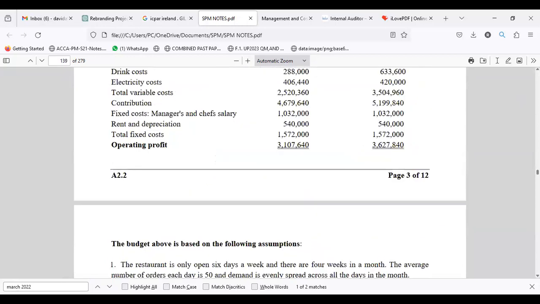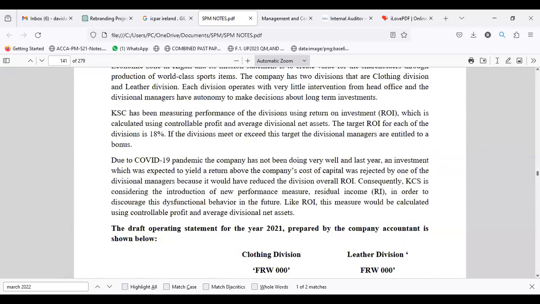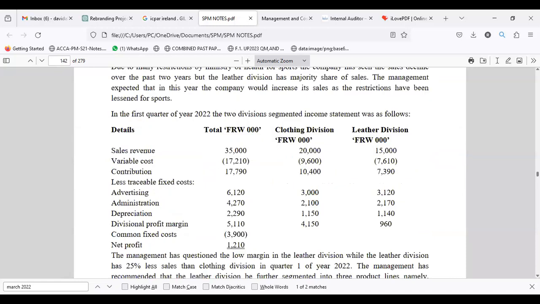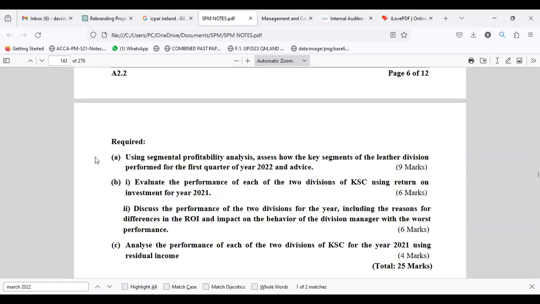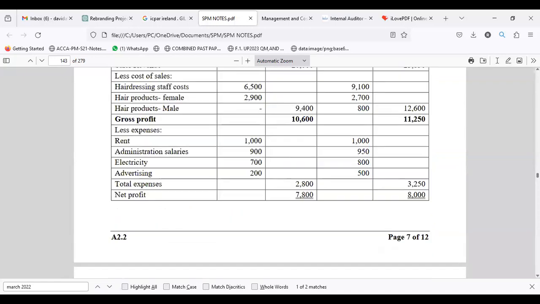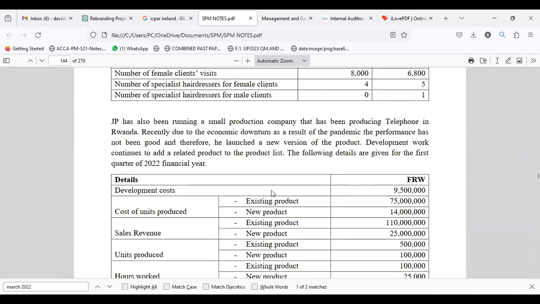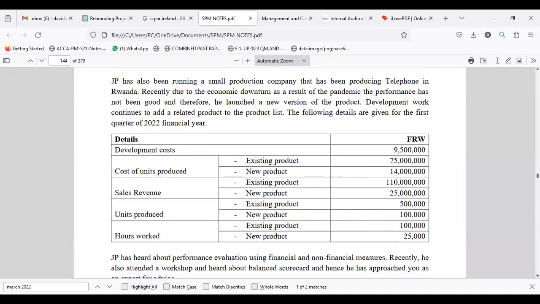March 2022. It was not in the compulsory area, but it was in Section B. So I was searching the wrong paper here. They asked the students to analyze, okay, is it this one? No, this is about something else. I think it's this one here. This is the balanced scorecard, which they were asking students about at that point.